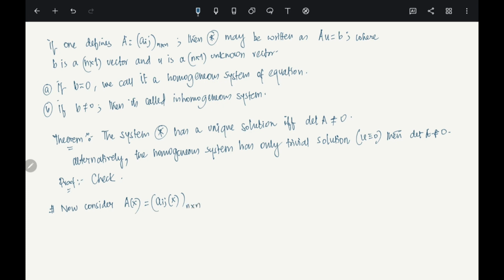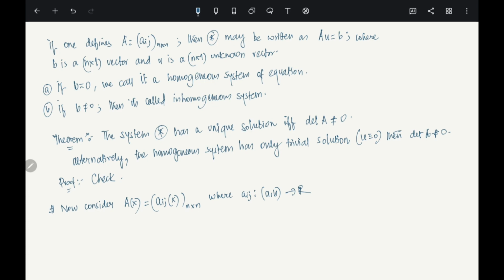You can of course write it as an n cross n matrix. So every coefficient is a function of x, clear? Consider this where a_ij is from, let's say, R to R. It can be from [a,b] to R, but let us just do it like this.